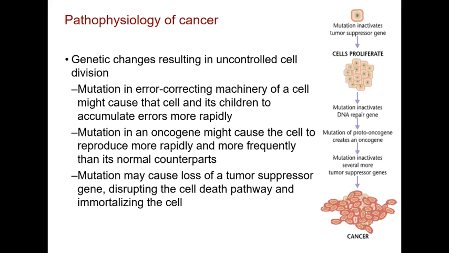So there are certain mutations, certain changes in the genetic makeup that happen, which convert a normal cell into a cancer cell. Those genetic changes result in uncontrolled cell division. So what are those? A mutation in the error correcting machinery of a cell might cause that cell and its children to accumulate errors more rapidly.